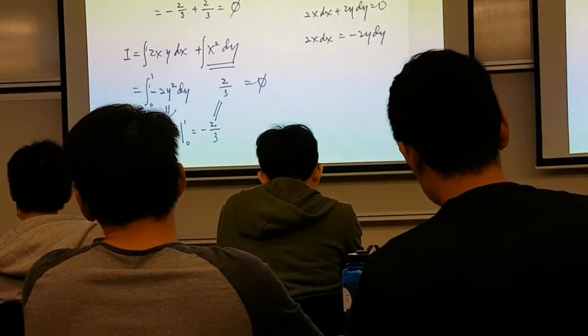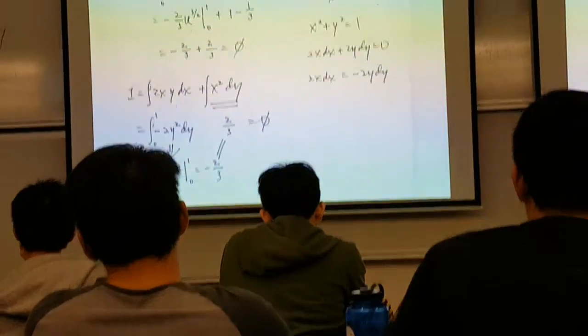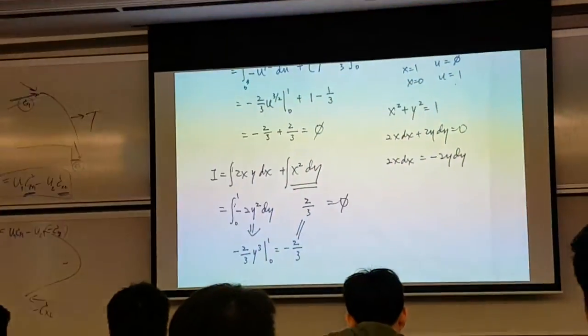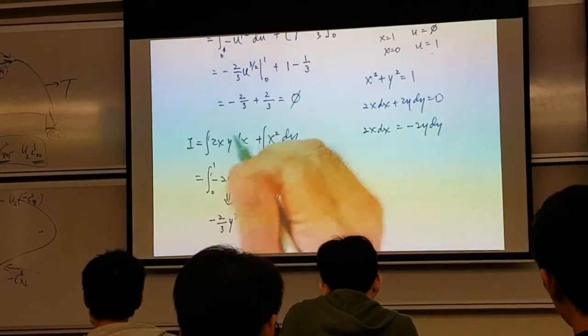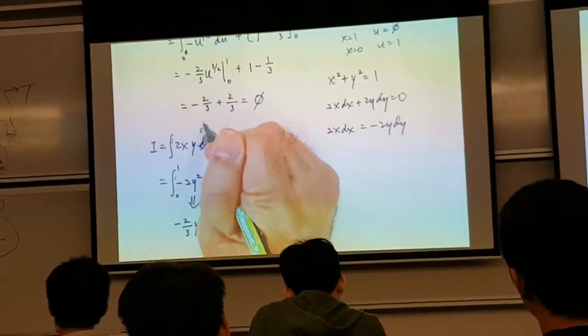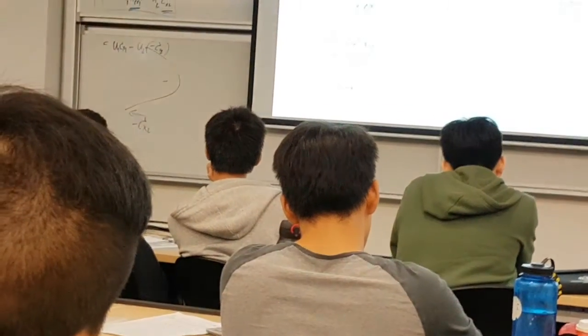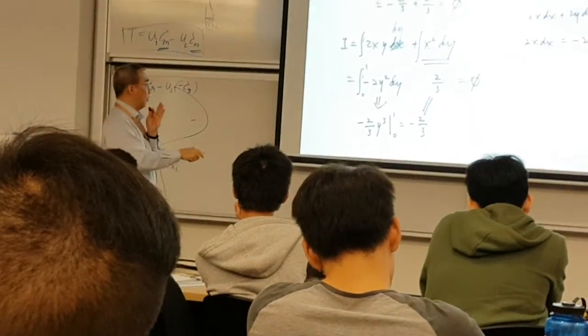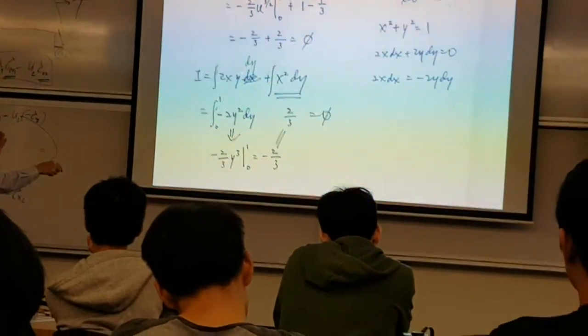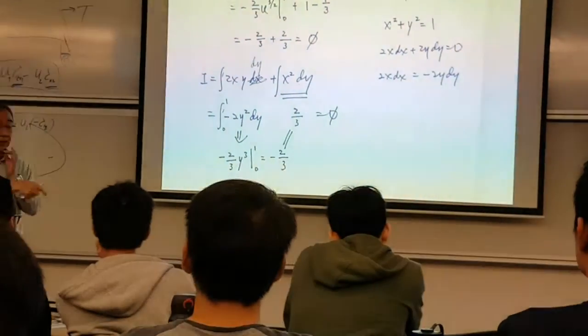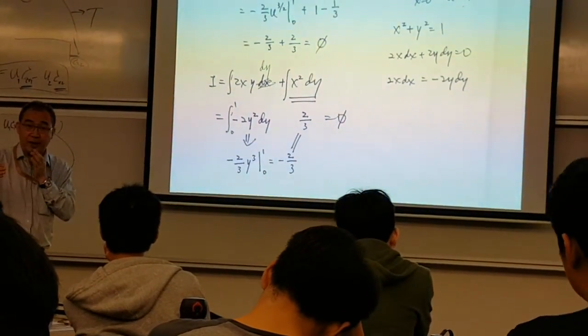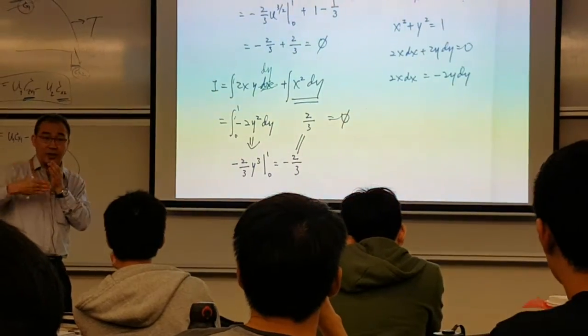But of course, if you ask me, if I have to change this to y, I'll tell you that the answer will come out different. Because why? We explained before, originally, taking a function and integrating it with respect to x is a projection onto your xz plane.